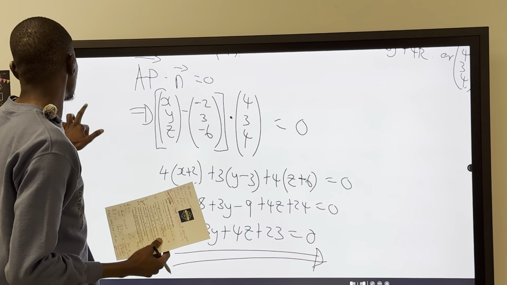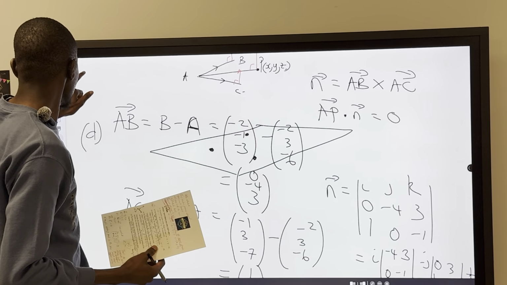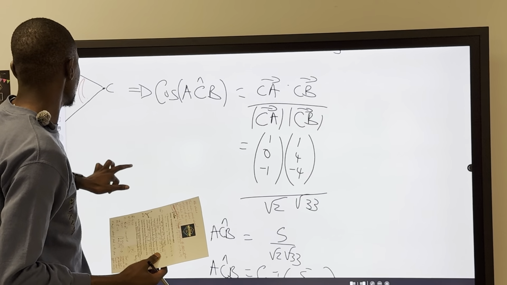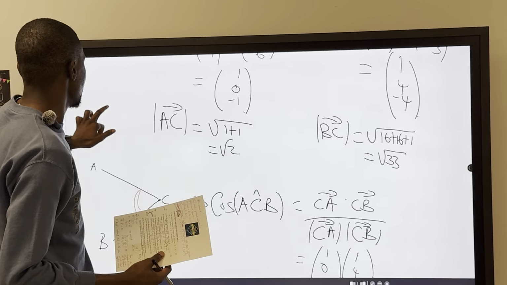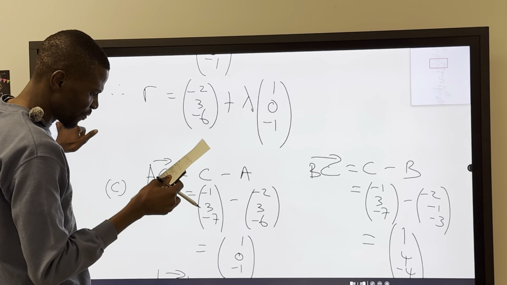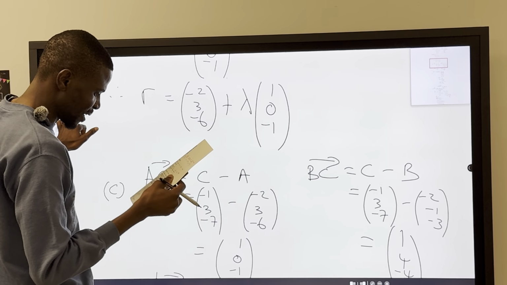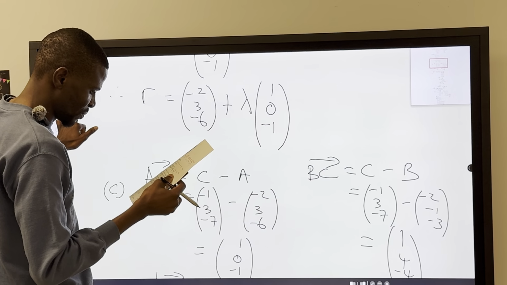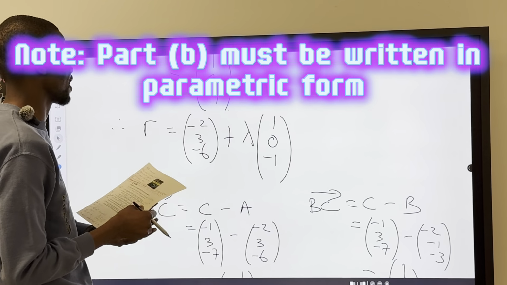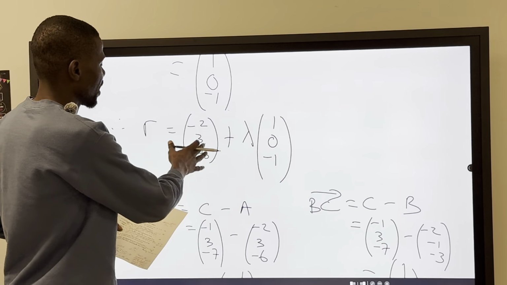On B, remember the question requires us to express it in parametric form. So this one here is the vector form.